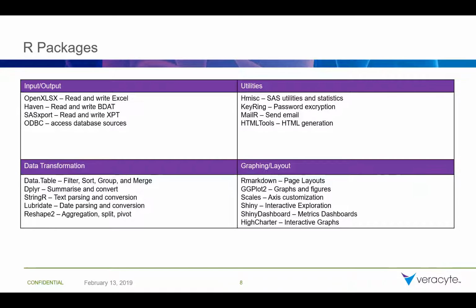But I've broken them up into 4 areas: input and output, utilities, data transformation, and graphing and layout. So those are the 4 areas where R is going to be able to support the data needs of a particular data management team. And these packages are available on the R community download sites if you want to download those and use them in your own R implementation.